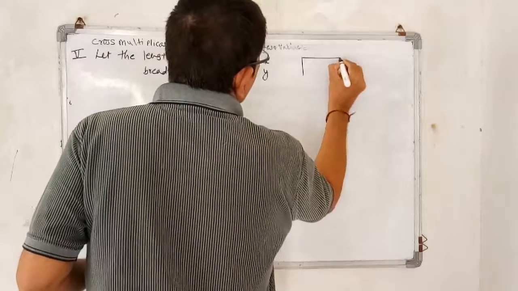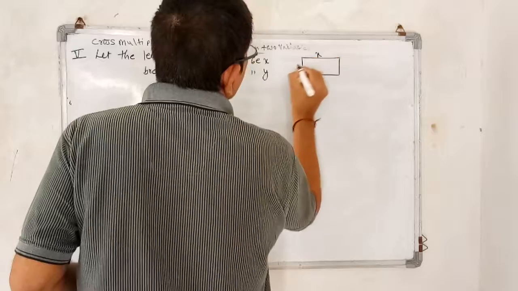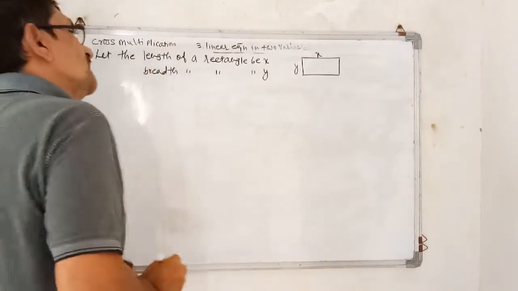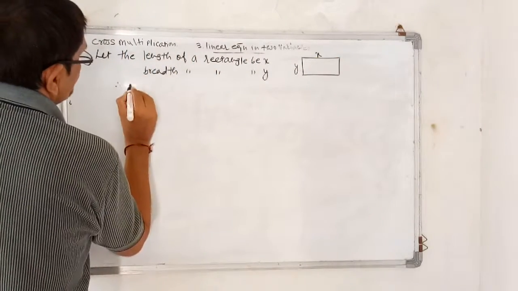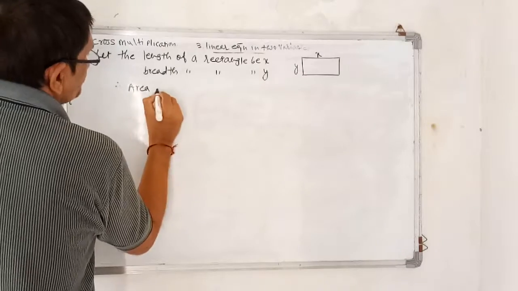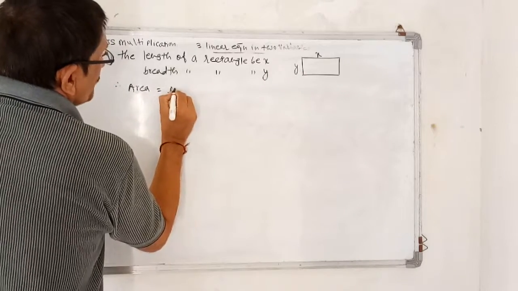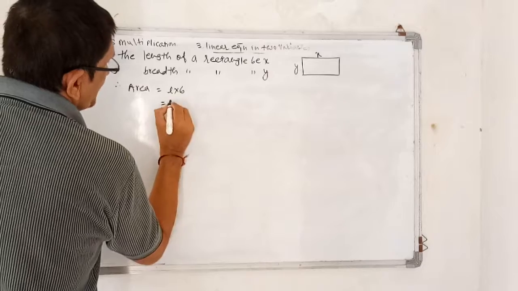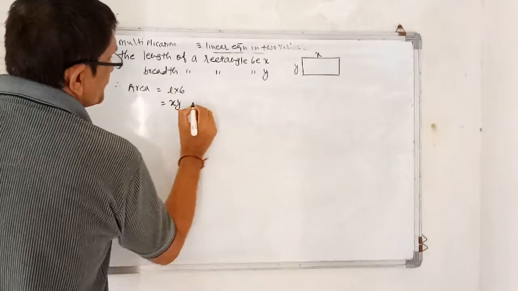Suppose this is the rectangle, length is x and breadth is y. Therefore area is equal to what? Length into breadth, and that is xy.